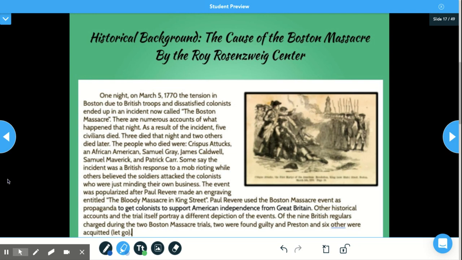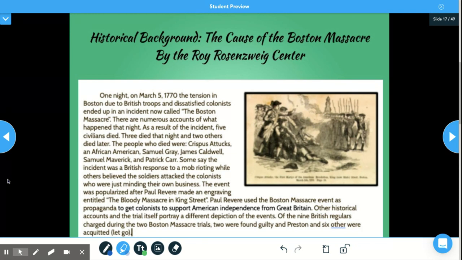Some say the incident was a British response to a mob rioting, while others believe the soldiers attacked the colonists who were just minding their own business. The event was popularized after Paul Revere made an engraving, or a painting, entitled The Bloody Massacre in King Street. Paul Revere used the Boston Massacre event as propaganda to get colonists to support independence from Great Britain.